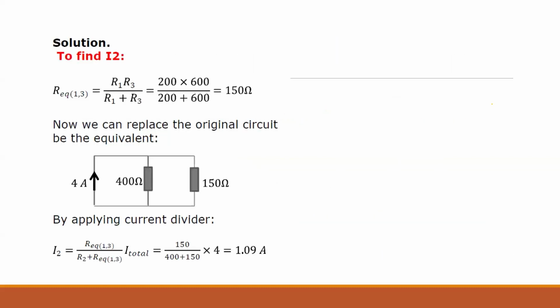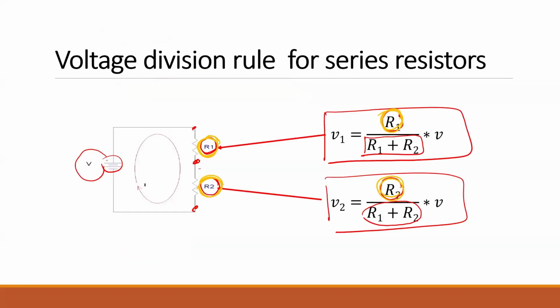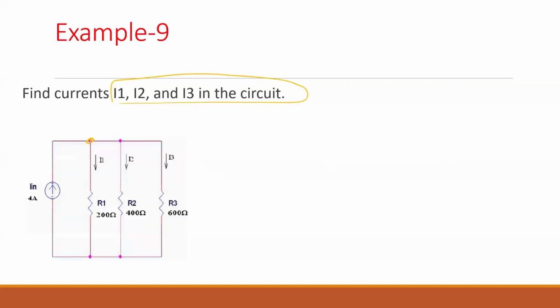If I go back here, to find the voltage across R1, you divide R1 by R1 plus R2. But for the current law, you divide the opposite resistance because current likes to flow the easier way. Voltage is proportional to the resistance, so to find V1, it is R1 divided by the total.